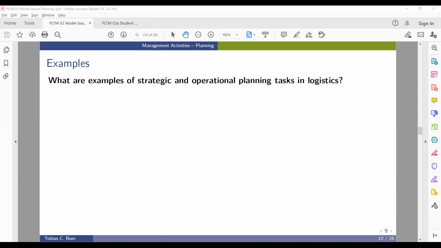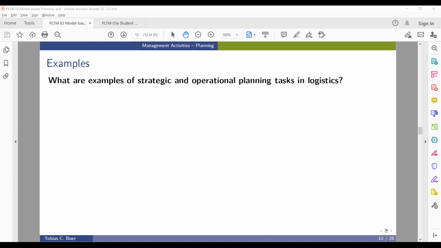Expanding a factory, yeah, this is also part of a logistics decision. Would this be again more strategic or operational, Ahmed? Ahmed, expanding factory, would this be a strategic decision or an operational decision?